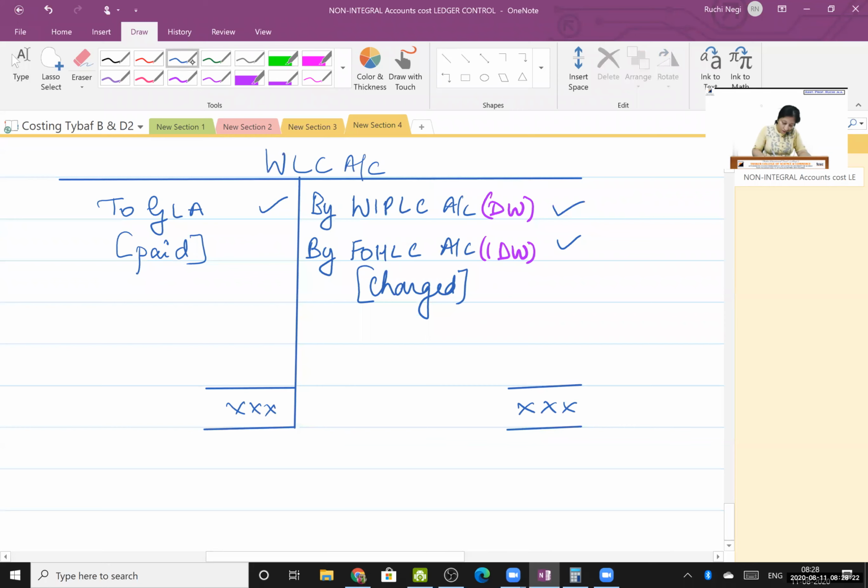So the balancing figure is recovery, either here or here.